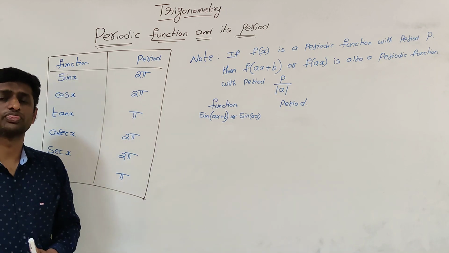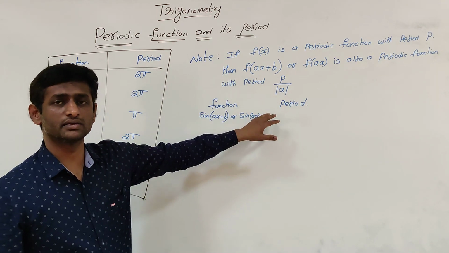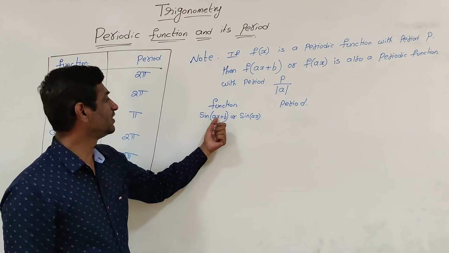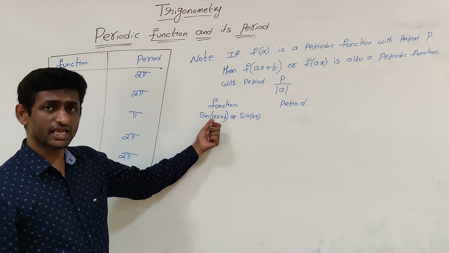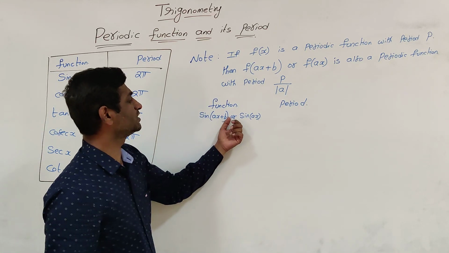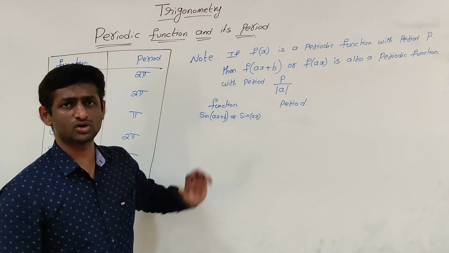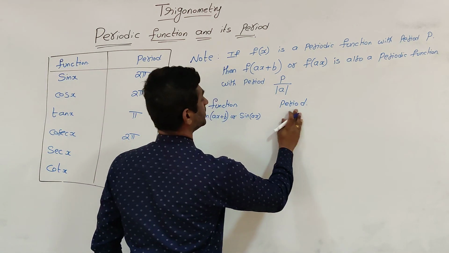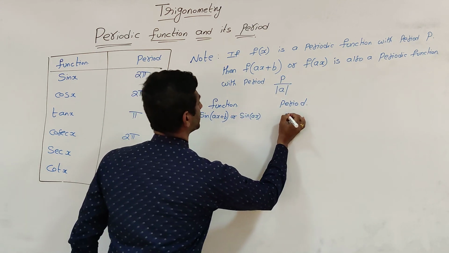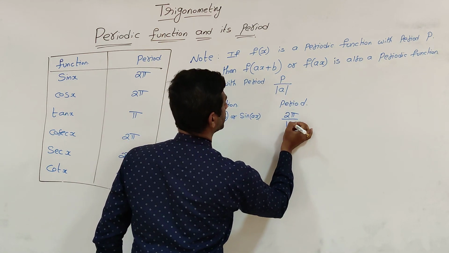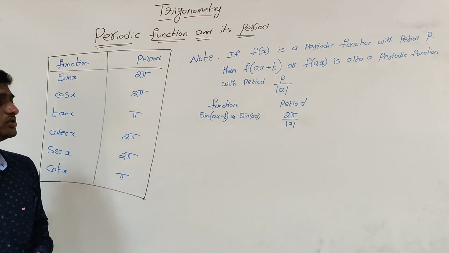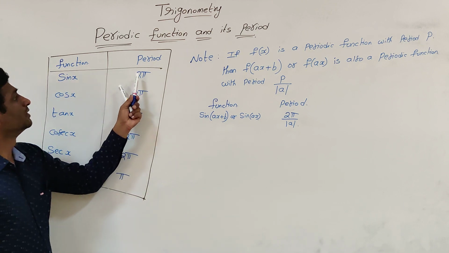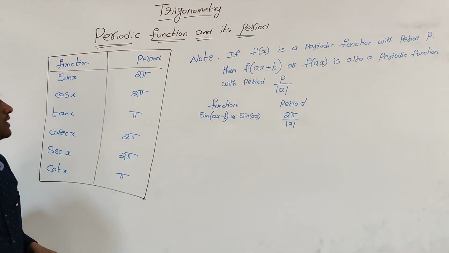As we know, the period of sin x is 2 pi, but here it is sin of ax plus b, where the coefficient of x is a. So it does not depend upon b, the constant. So the period is p by mod a, and since the period of sin x is 2 pi, it is 2 pi by mod a.